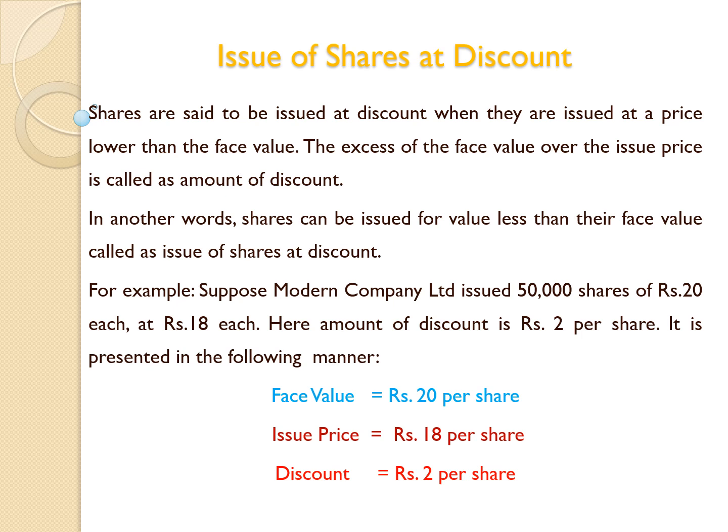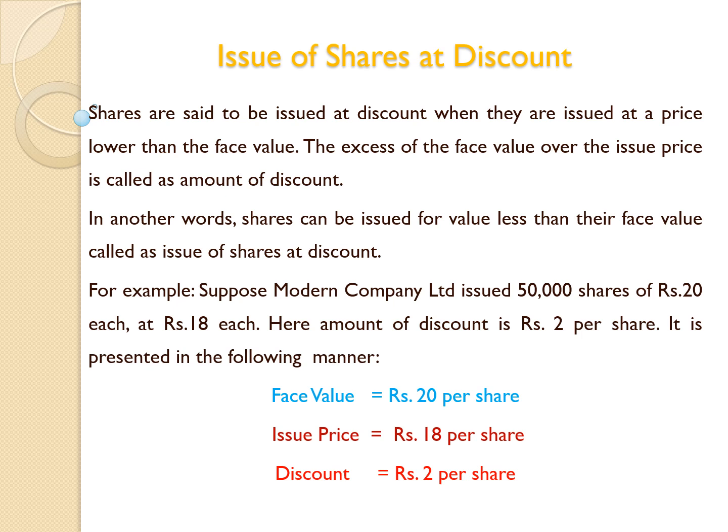It is presented in the following manner. It means we prepare three parts. The first part is named face value, another part is called issue price, and the last part is discount. Here face value per share is rupees 20, but actually this share is issued in the market at rupees 18 per share.